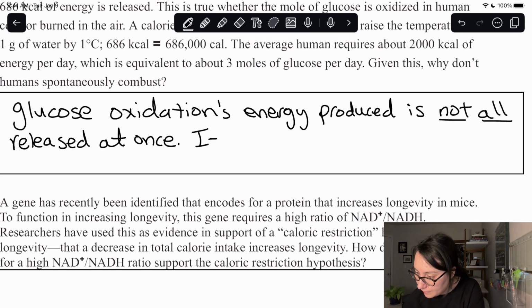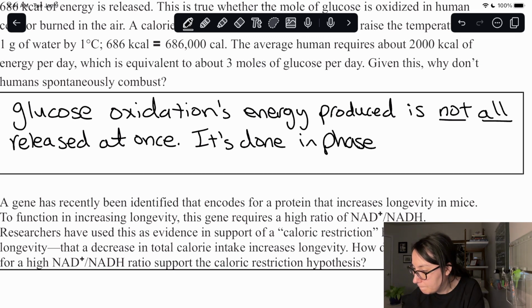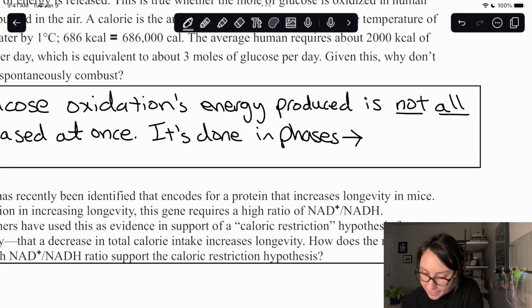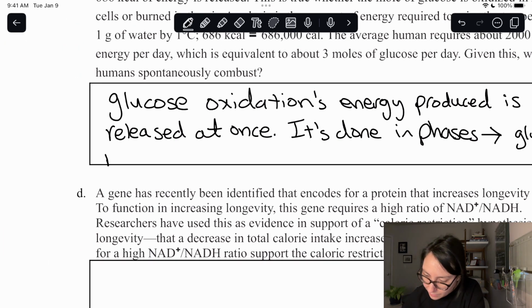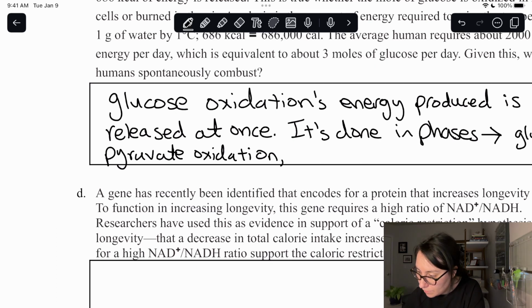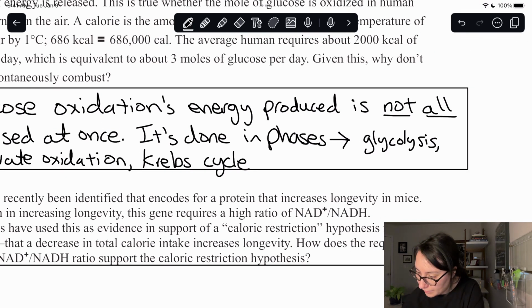It's done in phases. And those phases are, of course, glycolysis and pyruvate oxidation, Krebs cycle, electron transport chain. So that's what we have to think.